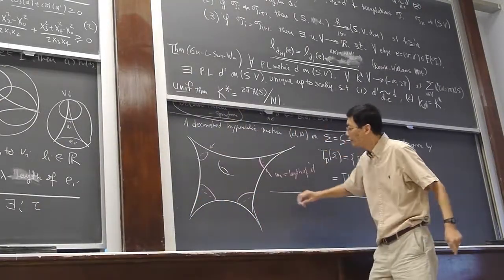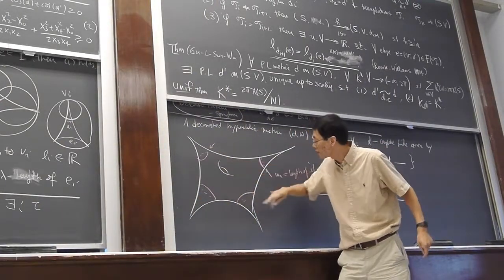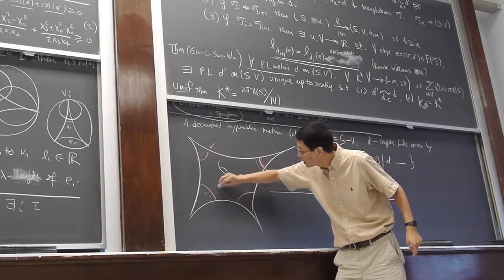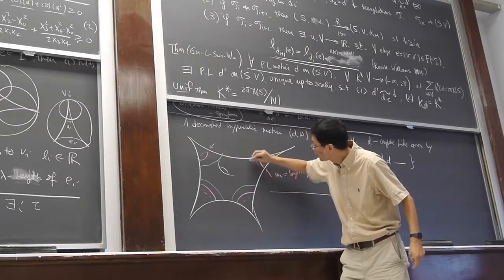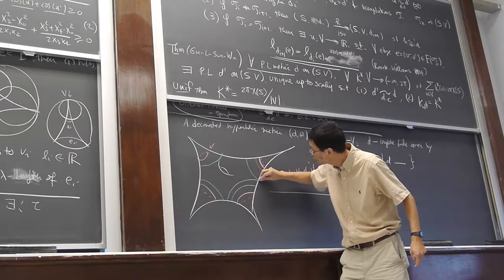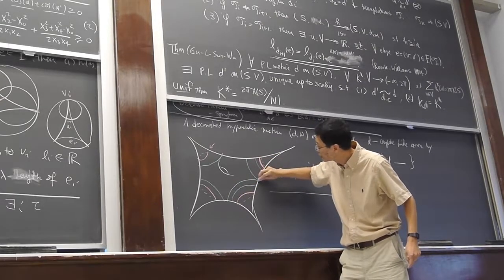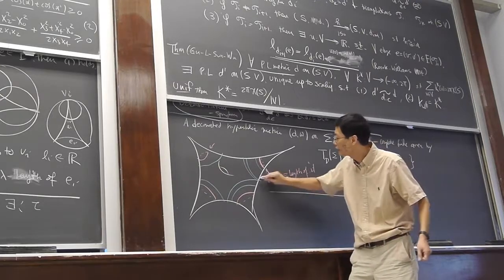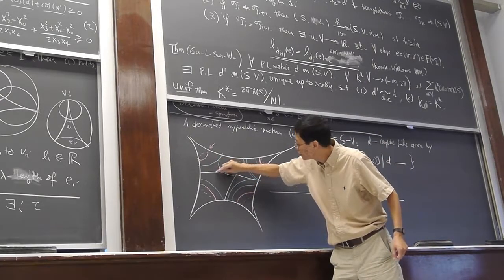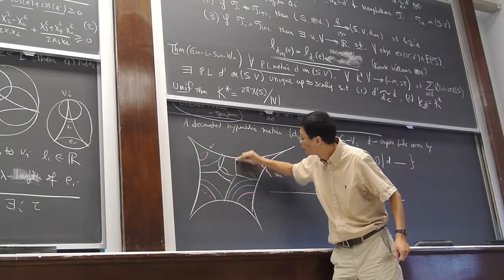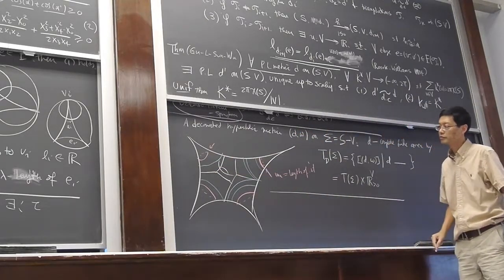Namely, you start with these horocycles and you let them grow at constant speed. At some stage, they're going to be tangent, and that's going to be the beginning of this Voronoi cell, and you can now produce a cell decomposition of the hyperbolic surface.